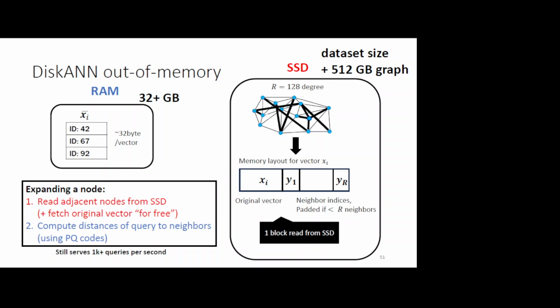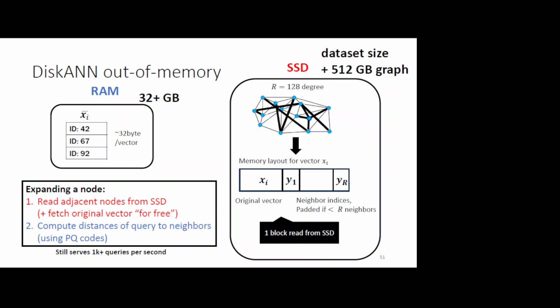Before, in memory, I only computed the distance on the compressed vector. But when I load the original vector back into memory, I can compute the real distance between the query and the original vector, replace the earlier distance, and make the result better.